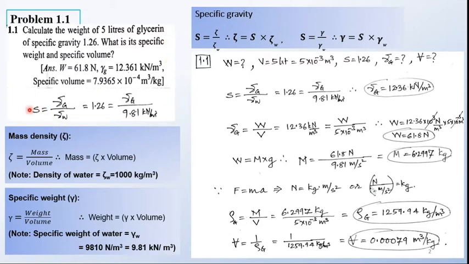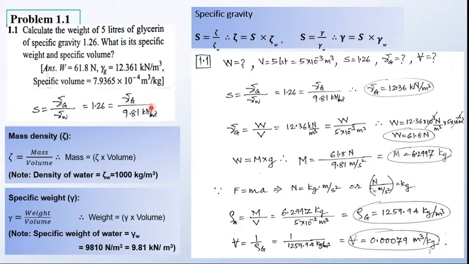What is given is specific gravity is equal to 1.26. What I know is specific weight of water is known, 9.81. So I can write the specific gravity 1.26 is equal to unit weight of that material, glycerine, divided by unit weight of water. Unit weight, specific weight of water is 9.81.